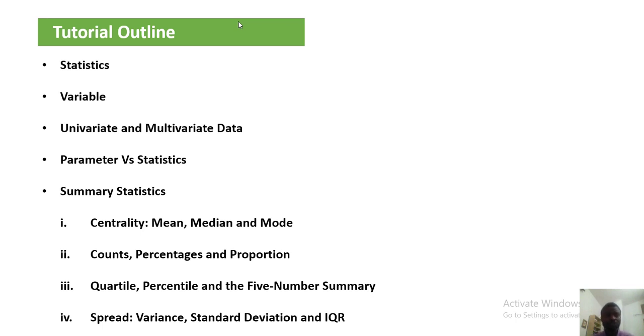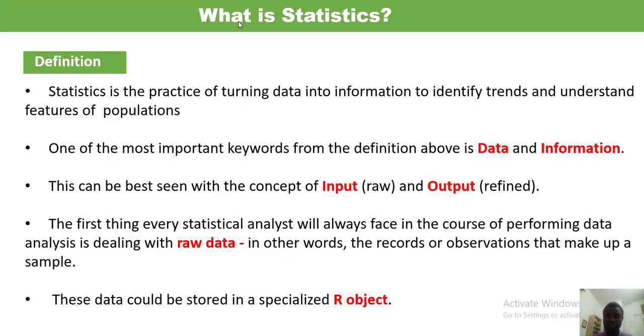First, we're going to talk about statistics briefly, and then we move into what variable is all about, univariate and multivariate data, parameter versus statistics, and then we move into summary statistics, where we're going to talk about centrality, the mean, the median, and the mode, counts, percentages and proportion, quartile, percentile, and the 5-number summary, spread, talking about the variance, the standard deviation, and the IQR. And I'm going to add some other options to the ones that we have.